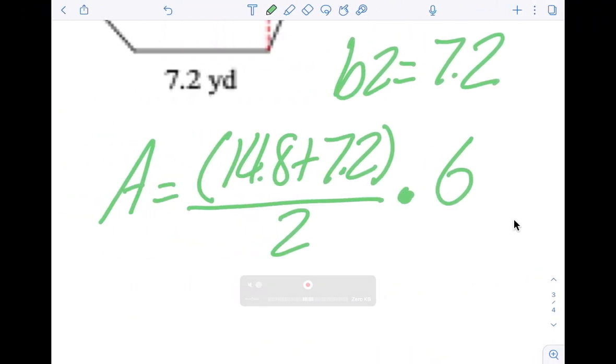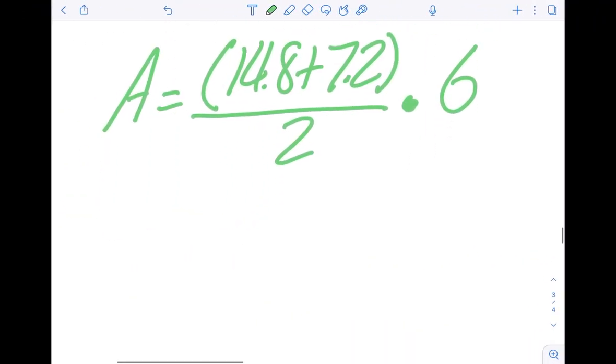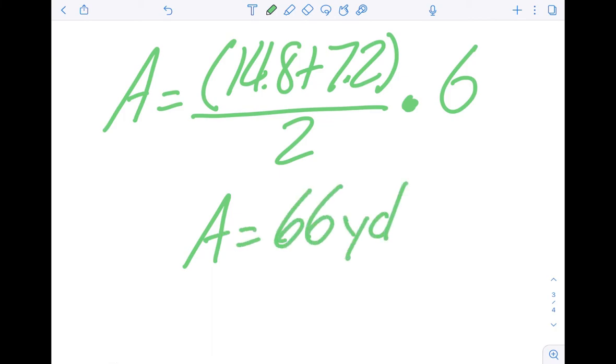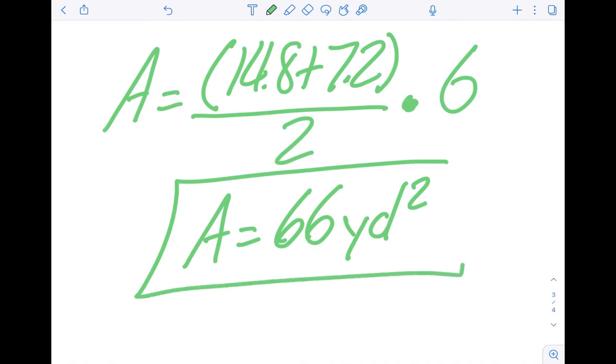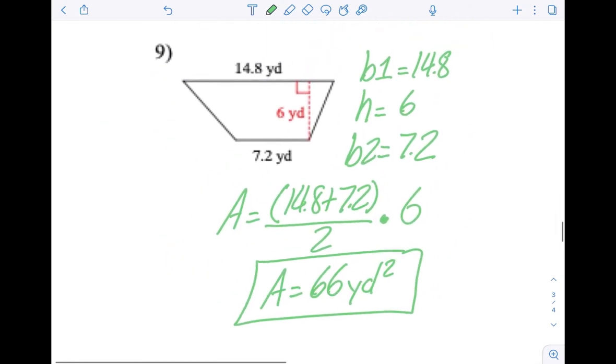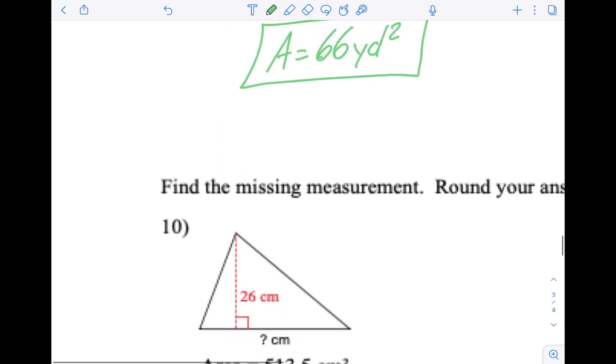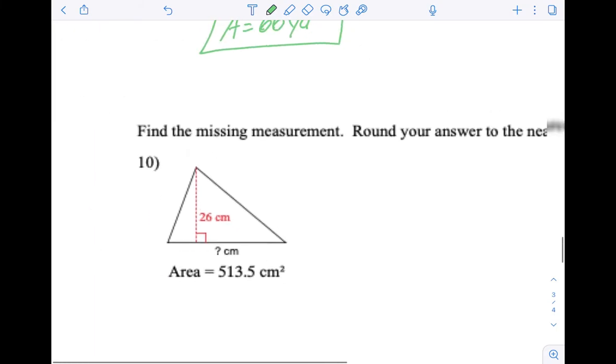I get 66. So the area is equal to 66 yards squared. Look at that. That's number 9. Right? Finally, last problem here.